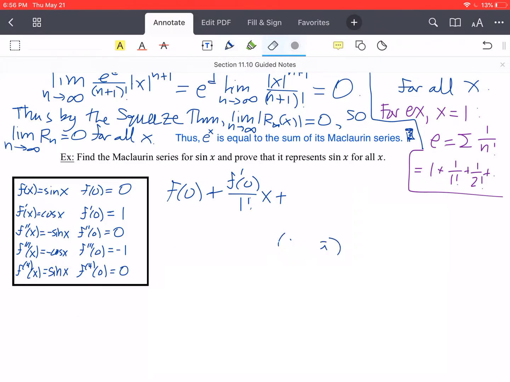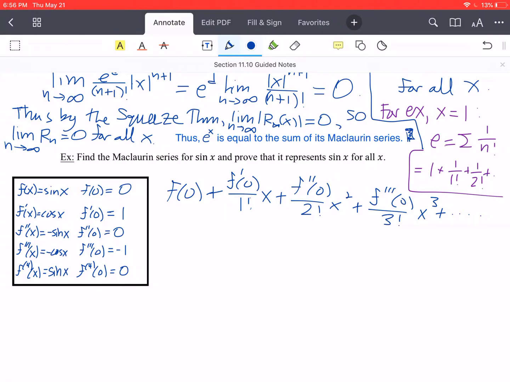It's just x for the Maclaurin series. Plus f double prime of 0 over 2 factorial times x squared, plus f triple prime of 0 over 3 factorial times x cubed, etc.